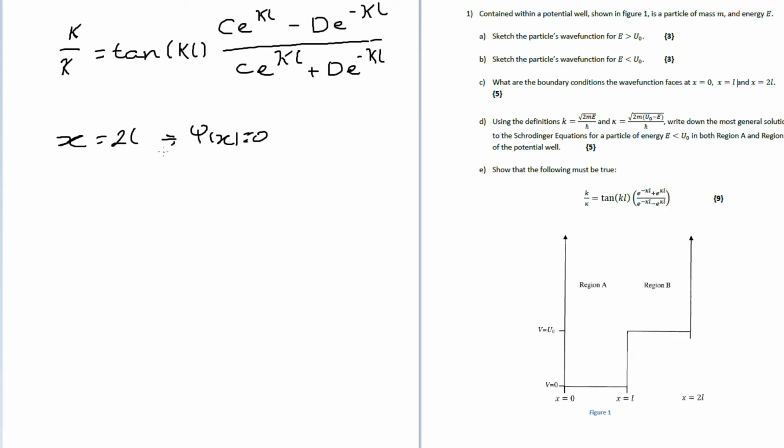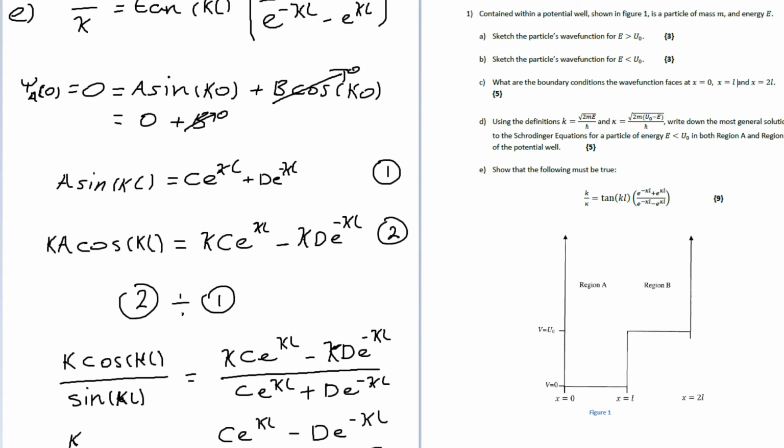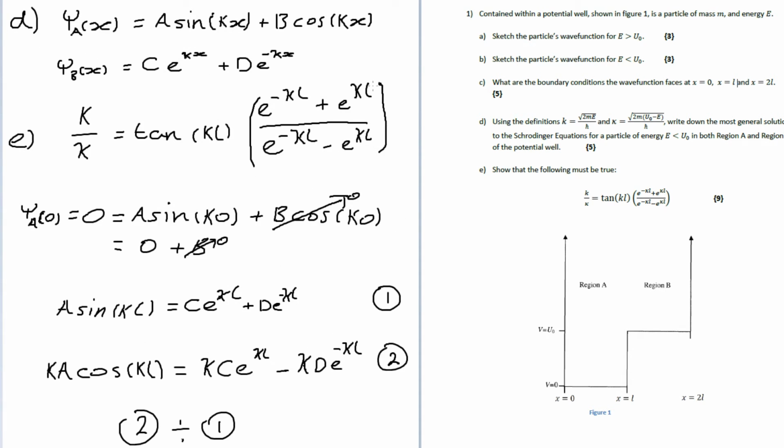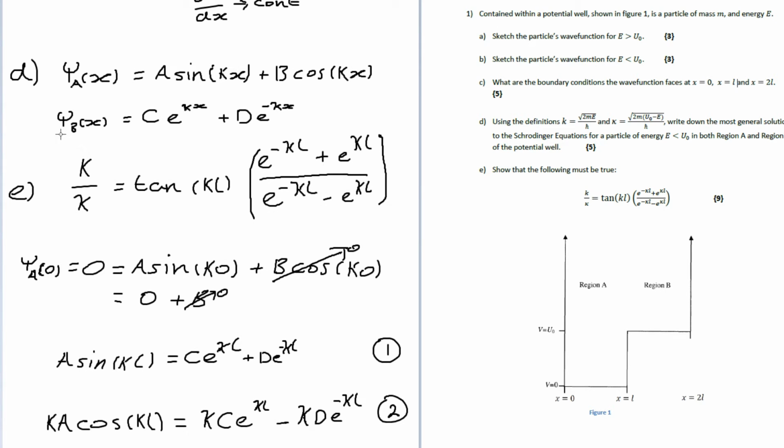So this is our boundary condition, and this is our final boundary condition. So let's plug this in. We have our psi of c e^(kappa x) plus d e to the minus kappa x. This is psi B. So let me just go ahead and copy this down.